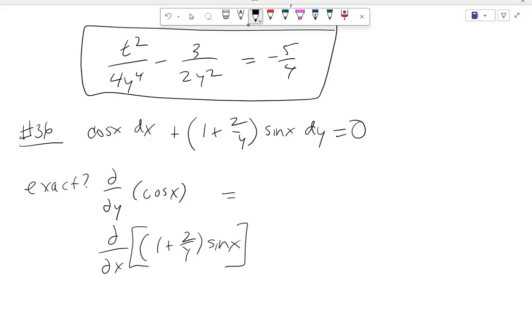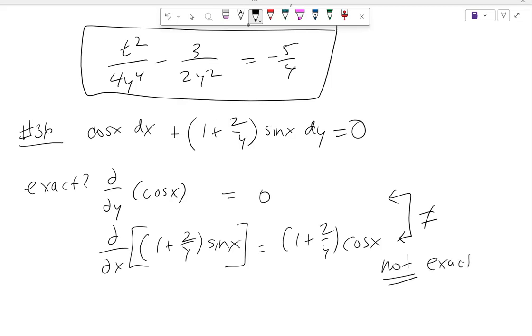First part is 0. The second part is 1 plus 2 over y cosine x. Right? Those are definitely not equal. So this is not exact.